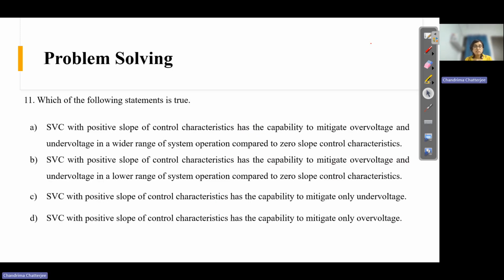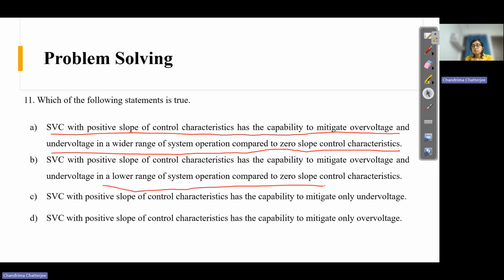The next question: which of the following statements is true? SVC with positive slope of control characteristics has the capability to mitigate overvoltage and undervoltage in a wider range of system operation compared to zero slope control characteristics. Next option: SVC with positive slope has the capability to mitigate overvoltage and undervoltage in a lower range compared to zero slope.